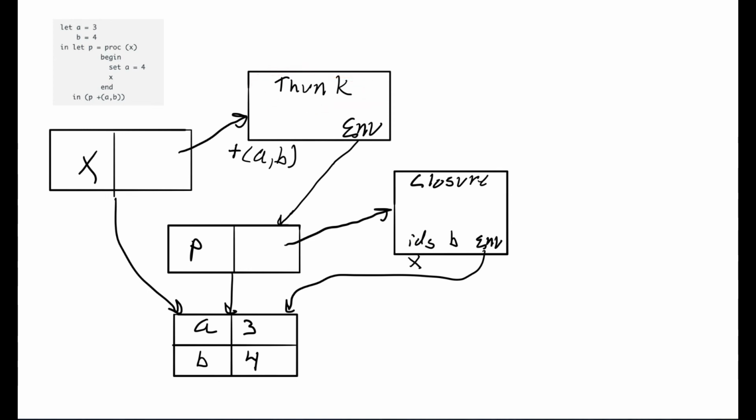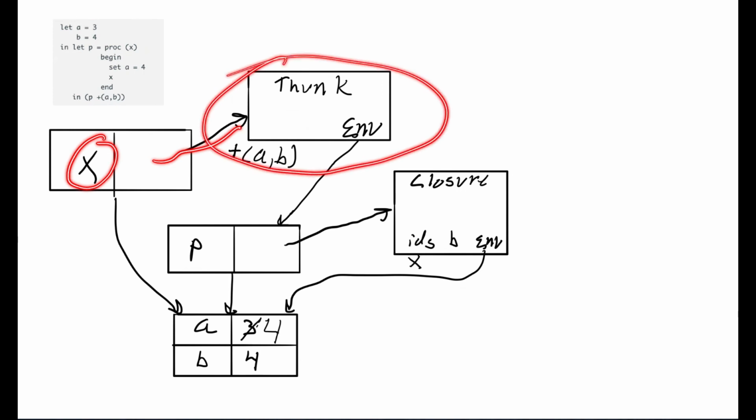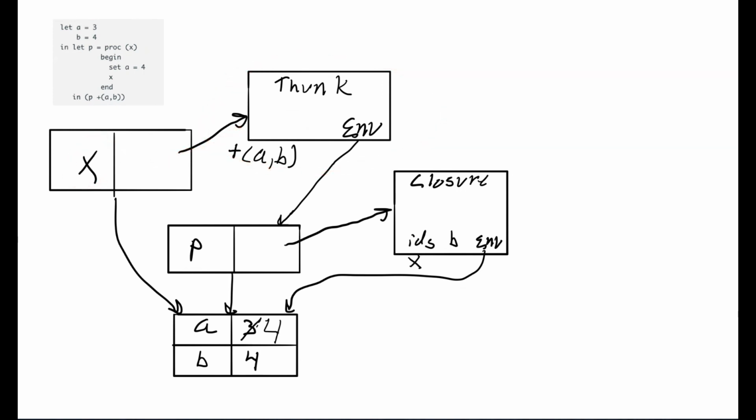Now, what we'll do next is we'll set A equal to 4. So we'll look up A in our environment, find it, and change it to be equal to 4. Now the next line of code in our function is we look up x. So we look up x and find that it's bound to something that we haven't evaluated yet. So we're being lazy, we haven't evaluated that yet.